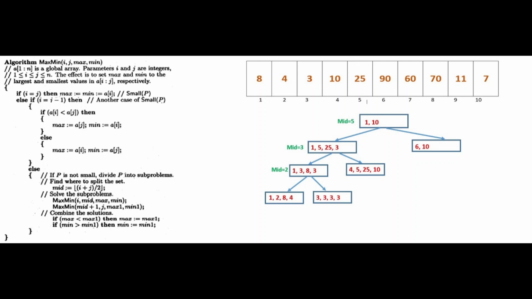There are 5 elements: A of 6, A of 7, A of 8, A of 9, A of 10. That is 90, 60, 70, 11, 7. From these elements, we have to find the maximum and the minimum value.